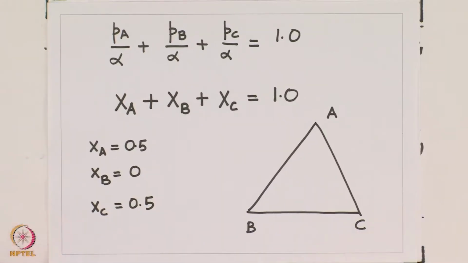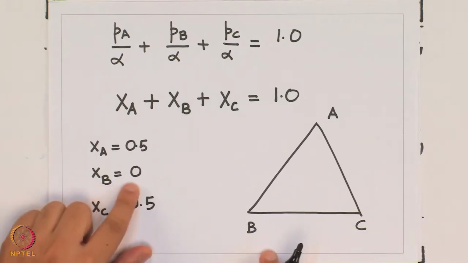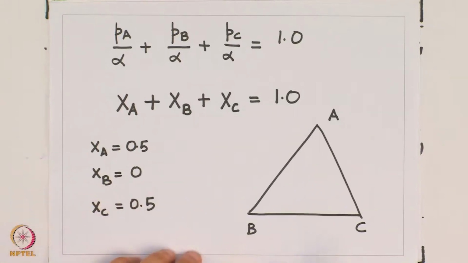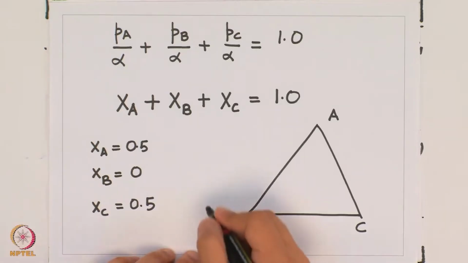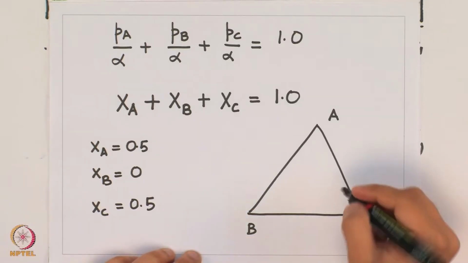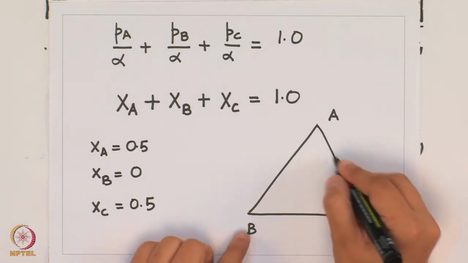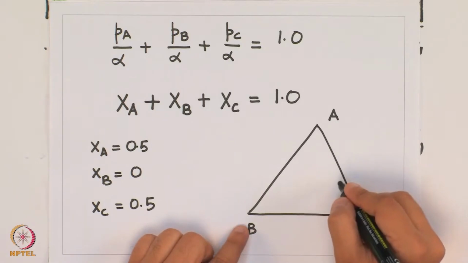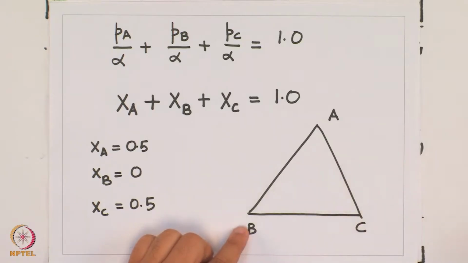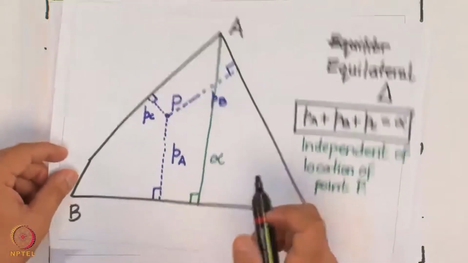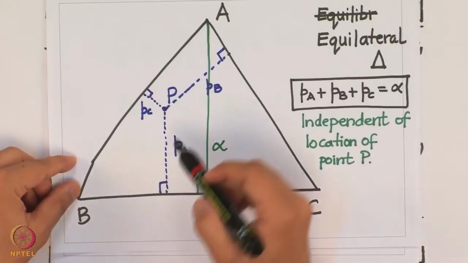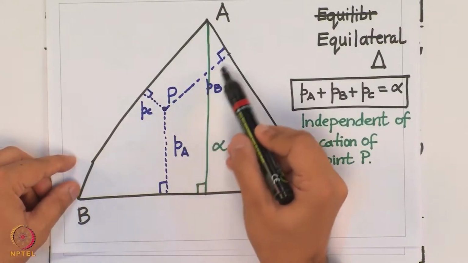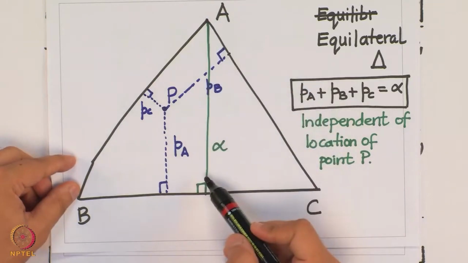The way to do that is, we know that XB is equal to 0. That means I want to locate a point P such that the perpendicular to the side opposite vertex B has length equal to 0. Because remember, the fraction of B individuals is given by the length PB divided by capital alpha.